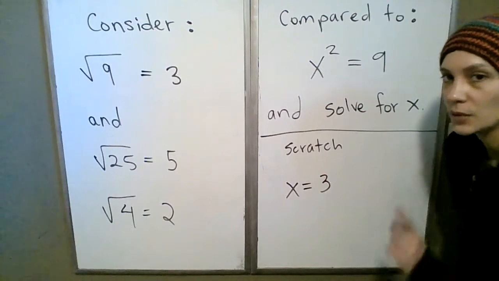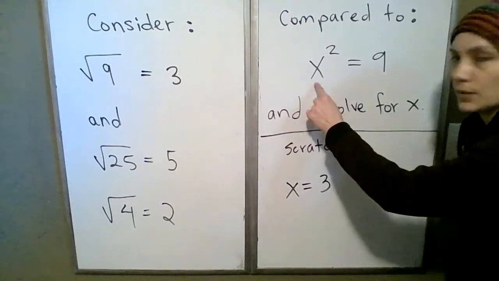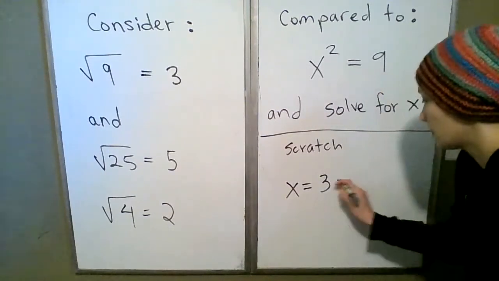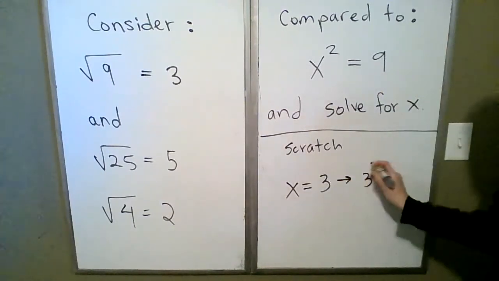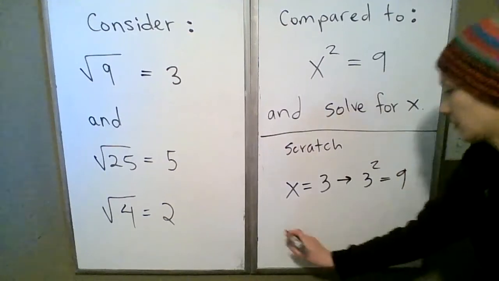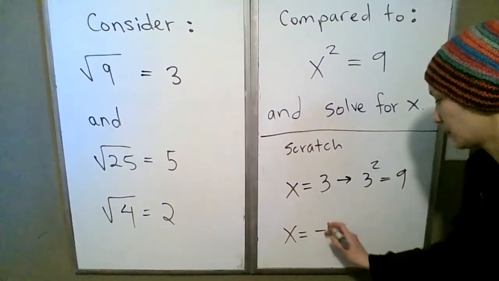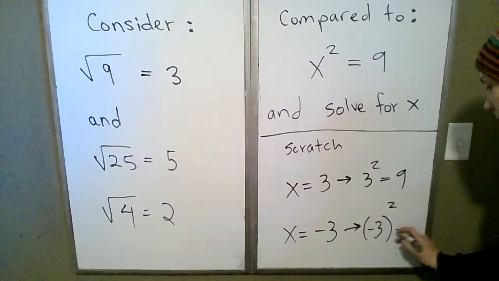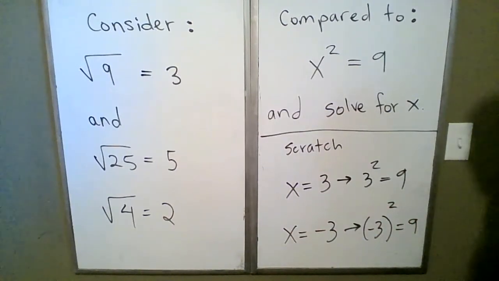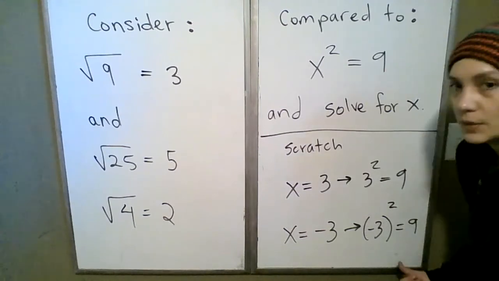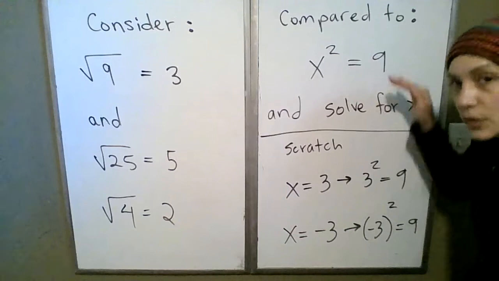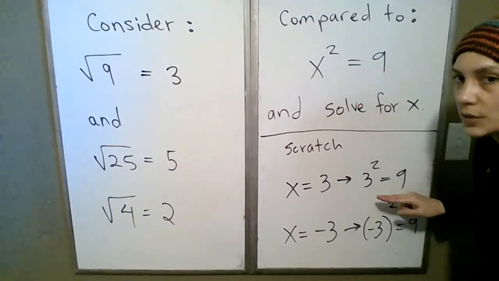Another solution for x would be negative 3. Negative 3 squared is also equal to 9. So when there's a variable as part of an equation and you use the square root property, you get two solutions.